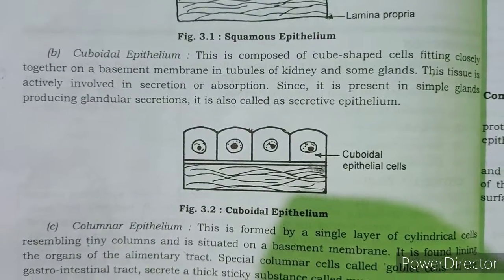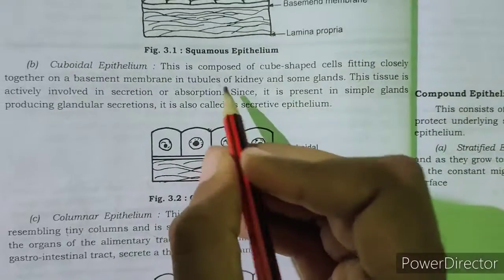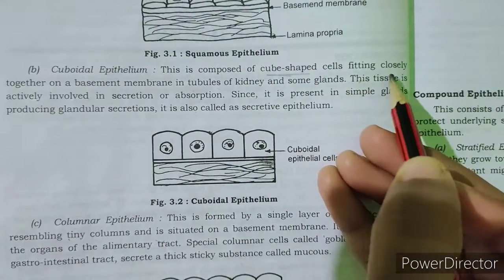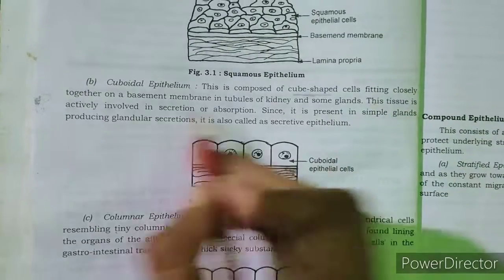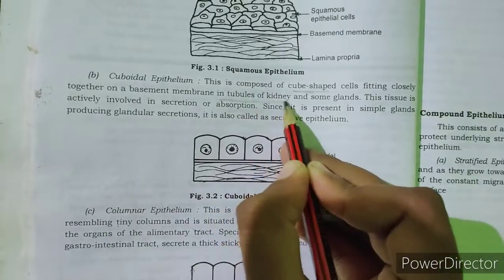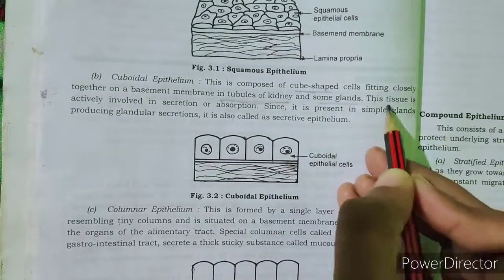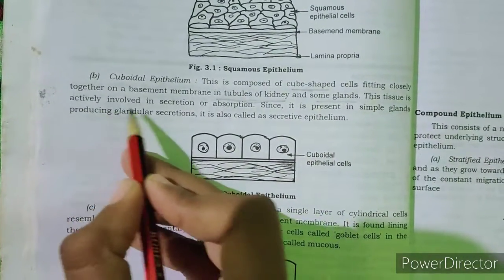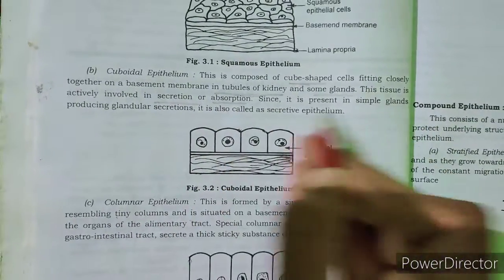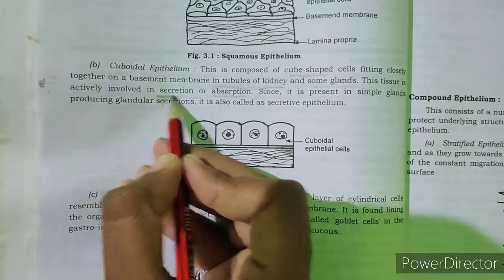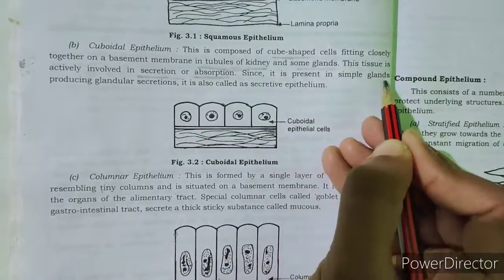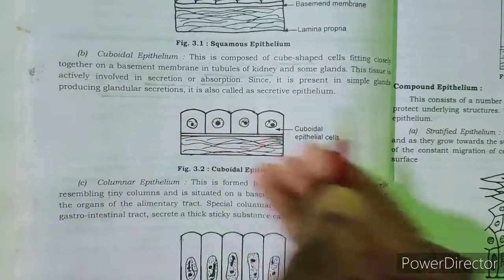Then cuboidal epithelium. The cuboidal epithelium is composed of cube-shaped cells fitting closely together on a basement membrane, in tubules of the kidney and some glands. These tissues are actively involved in secretion or absorption, since they are present in simple glands producing glandular secretion.